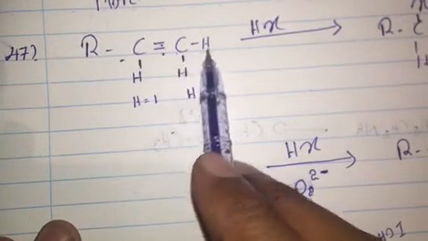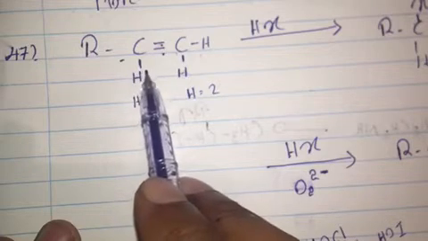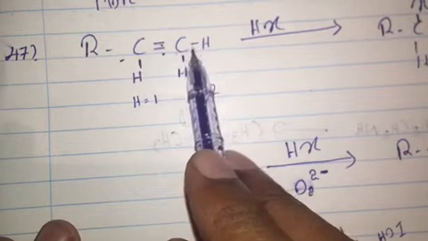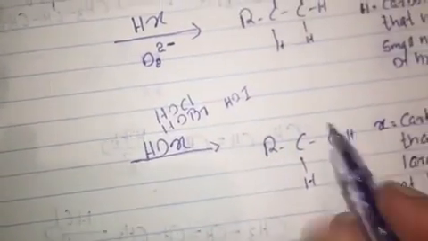This carbon has two hydrogens, this one has one hydrogen, so the halogen group attaches to this carbon and the OH group attaches to this carbon.